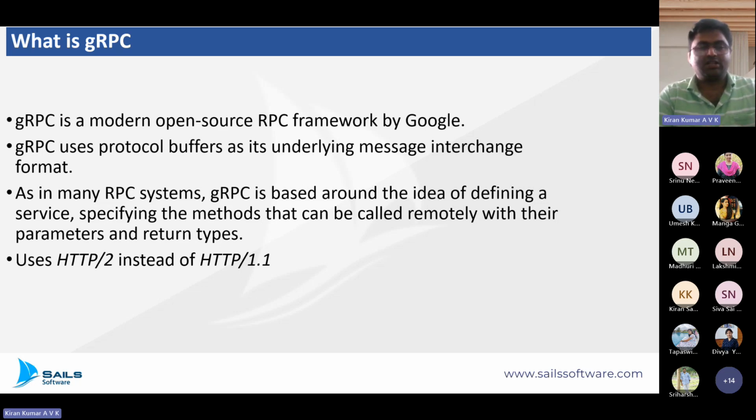As in many other RPC systems, gRPC is based on the idea of defining a service, specifying the methods that can be called remotely with their parameters and return types. So it follows the RPC pattern. However, it has some advantages, which we'll delve into later in the slides.